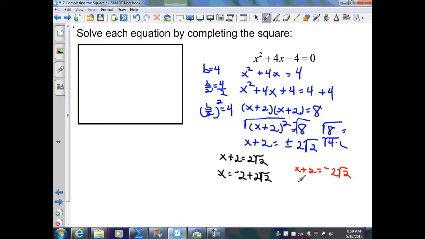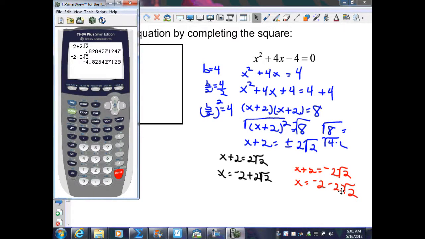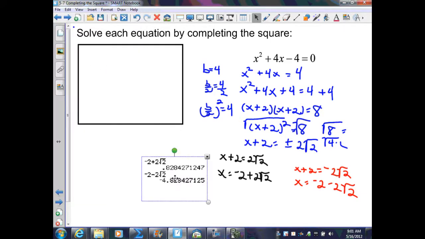And when I subtract 2, that gives me x equal to a negative 2 minus 2 square roots of 2. For example, if I substituted these two quantities into a calculator, I would get approximately 0.828 for a negative 2 plus 2 square roots of 2, and a negative 4.8 for a negative 2 minus 2 square roots of 2.